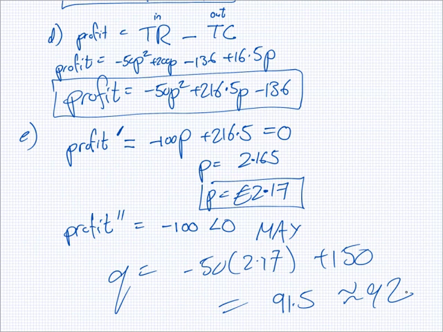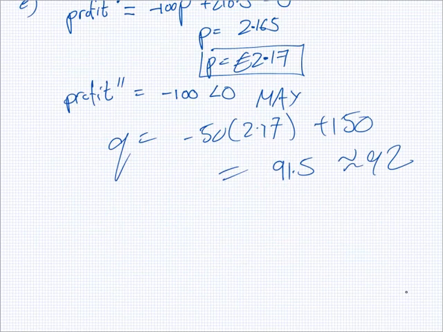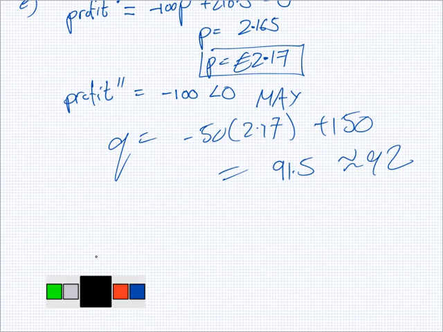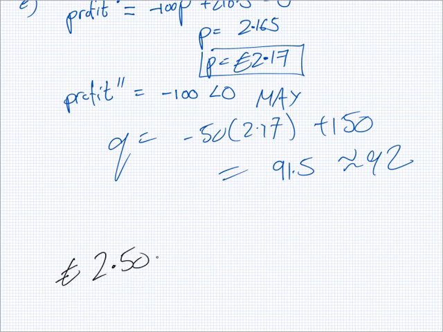Now what I like about this one is that it really shows you the importance here. Imagine you're the coffee shop and you're selling coffee for €2.50, and then somebody recommends you drop the price to 2.17. What will happen to your profit? Will you have more or less?